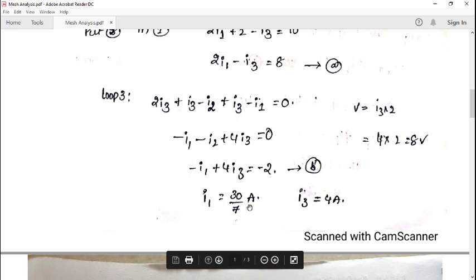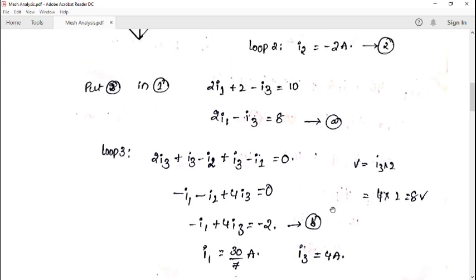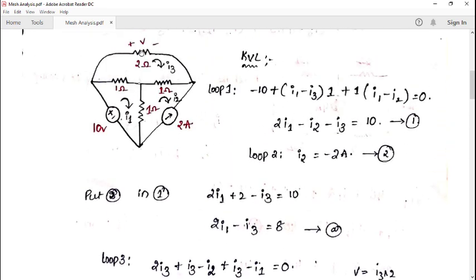I think you are familiar with solving equations, so I am not discussing that. By substituting I1 value, we are getting I3 equal to 4 ampere, and we need to find out voltage V.